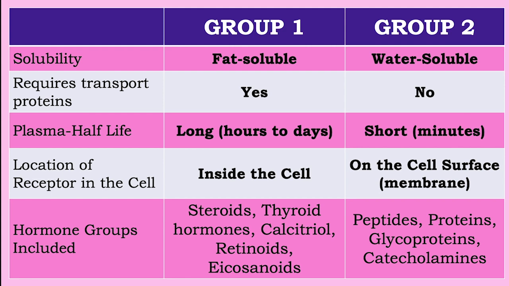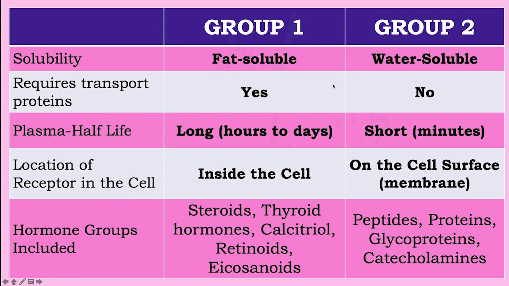Then in terms of location of the receptors of these hormones, fat-soluble hormones, ang receptors nila are inside the cell, while the group 2 hormones are on the cell surface or the cell membrane. So it's easy to understand itong difference na to. Kasi since fat-soluble siya, that means they can readily traverse the plasma membrane. So it's just natural to assume na ang kanilang receptors pwedeng nasa loob ng cell. Okay?